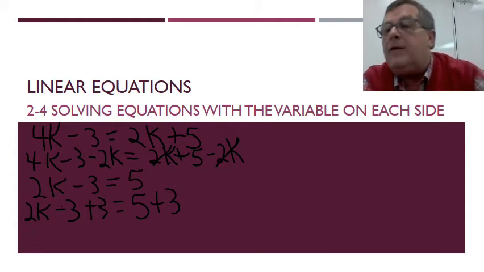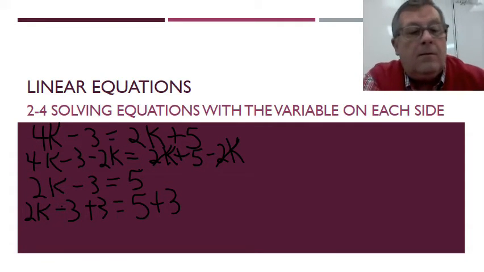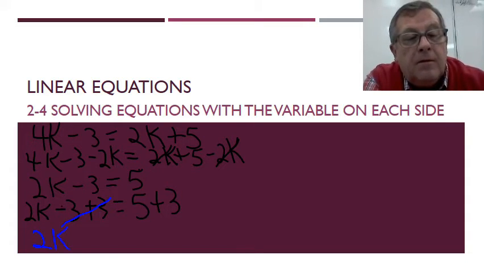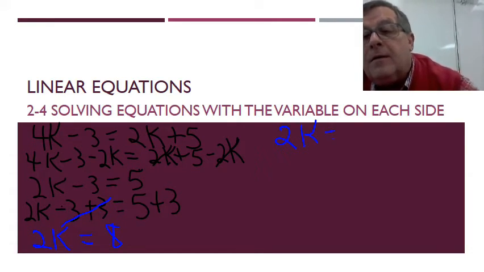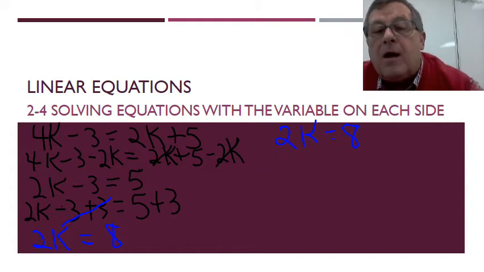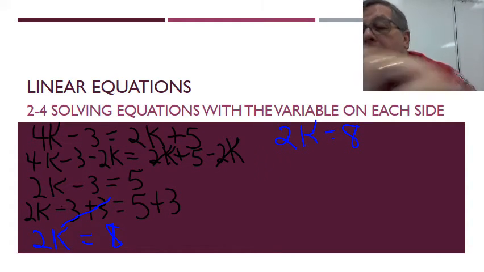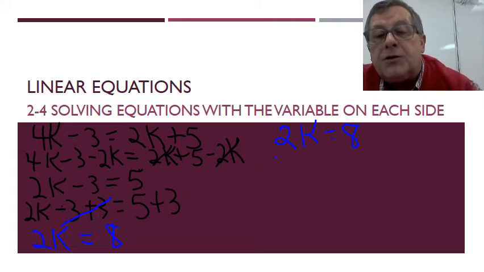Well, on my left-hand side, my 3 minus 3 is going to cancel. That's just going to leave me with 2k equals 8. So right now I'm at the stage where I got 2k equals 8. And so now I'm going to divide both sides by 2.